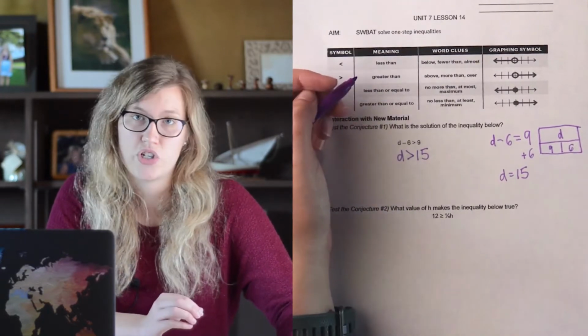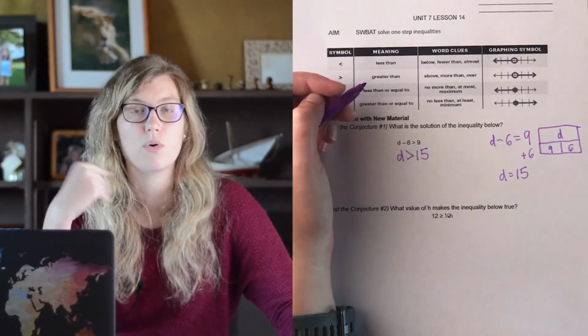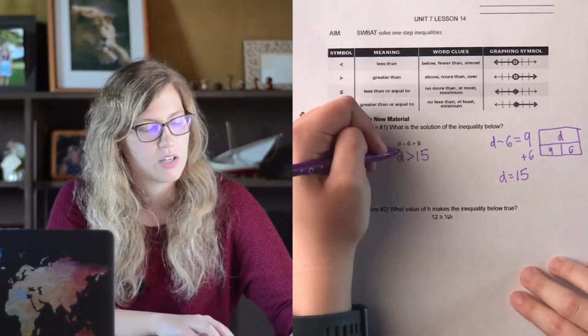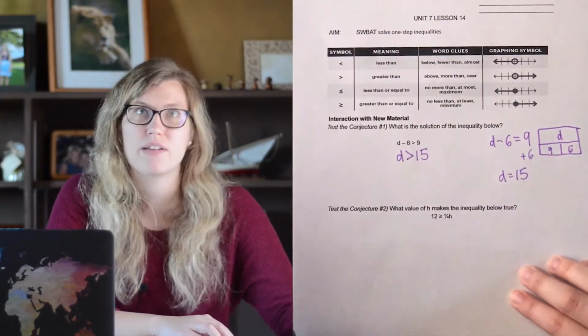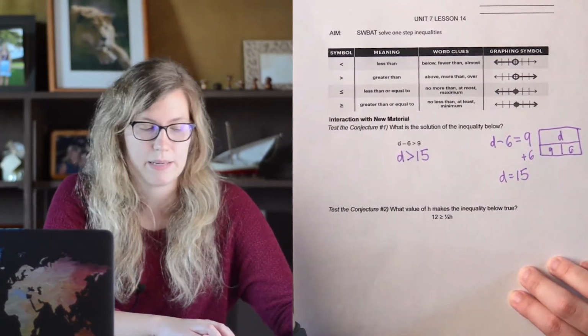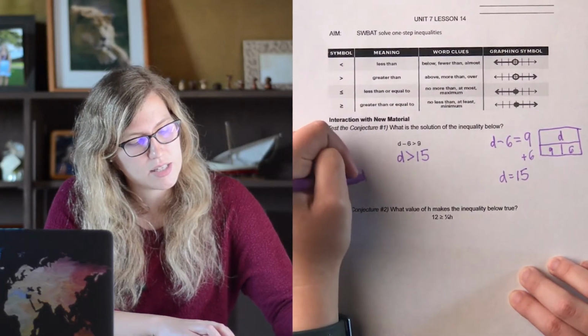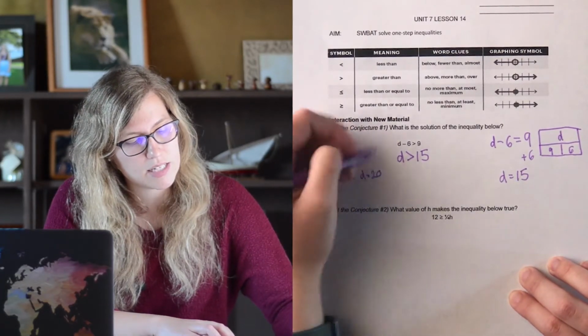Now I always want to check my work to make sure that I made that inequality symbol go the correct direction. So choose a number bigger than 15. It could be any number. I'm going to choose 20. So I'm going to check my work with D equaling 20.